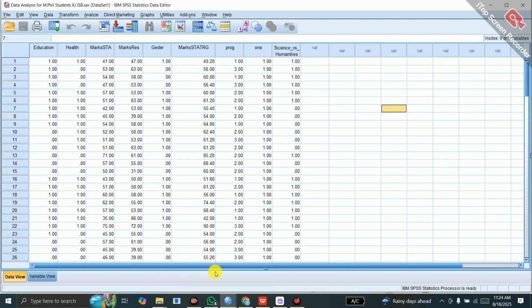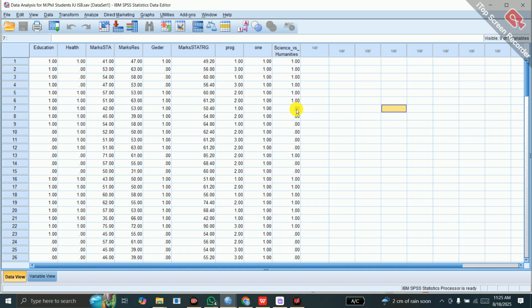Since we are dealing with quantitative data, I'll be using the same variable, that is marks in statistical analysis and social sciences, and I want to compare means of two independent groups. So one group is those who studied science in high school, and the code for that is 1, and another group is composed of those who studied humanities in their high school, and they are coded as 0.